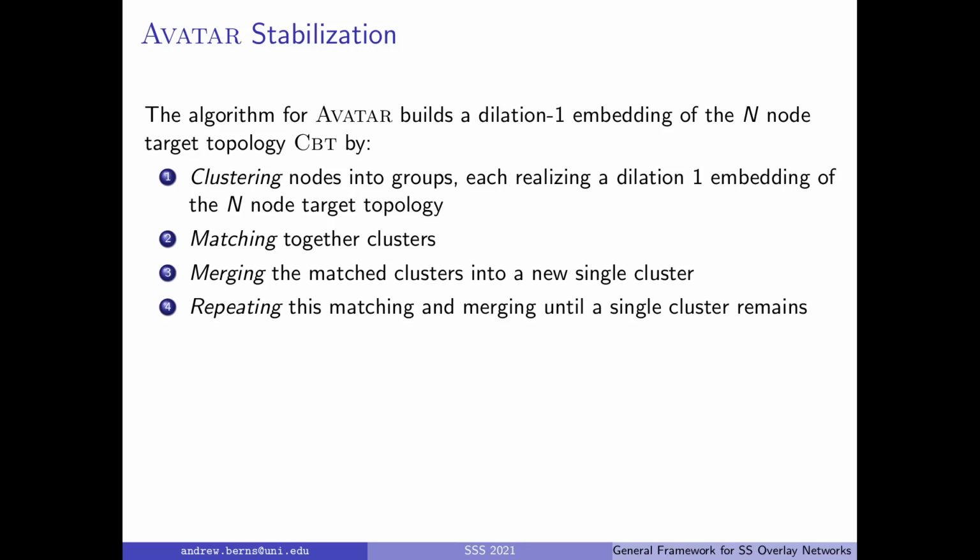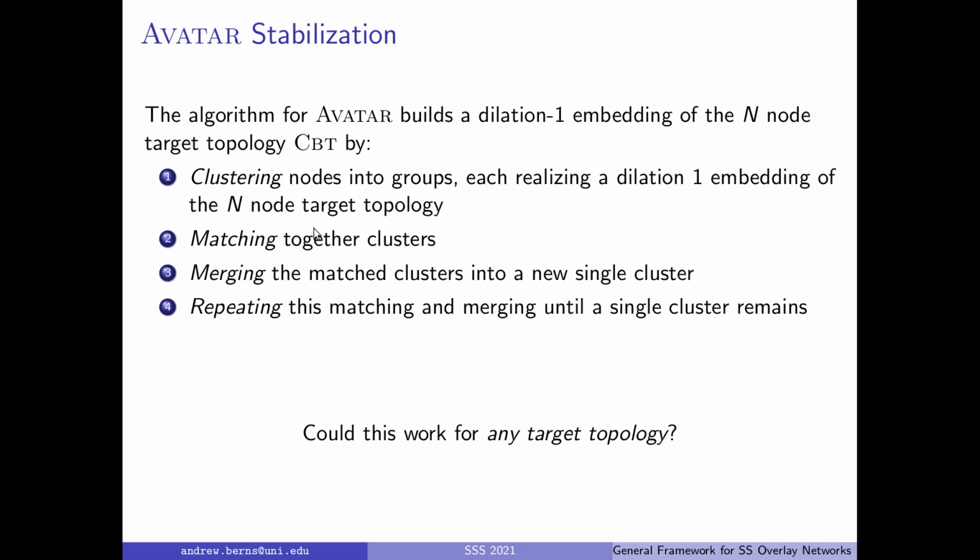Now that's what we did for CBT, the complete binary search tree, but we did wonder, could this work for any target topology? It turns out, yeah, if you look at the description of this algorithm, nowhere does it explicitly state that this is only for CBT.